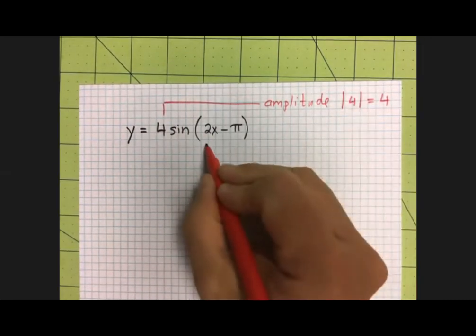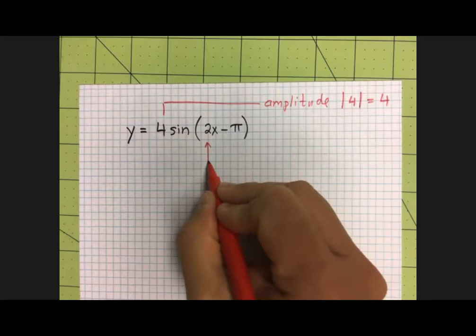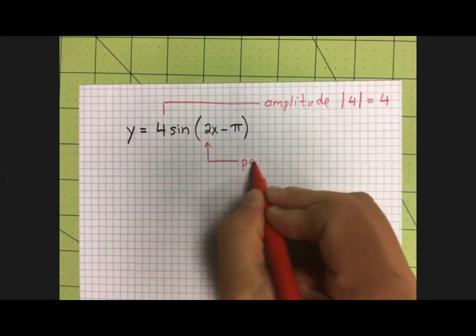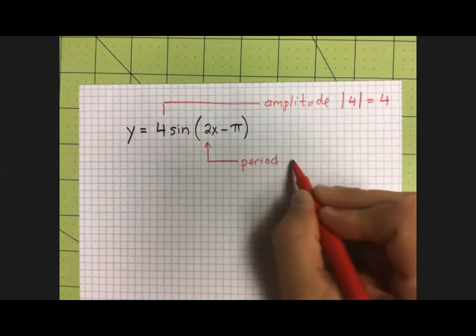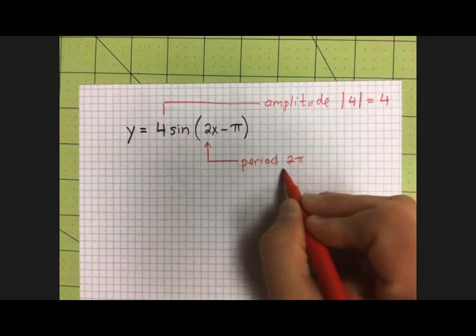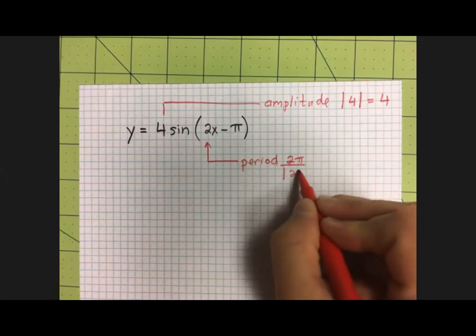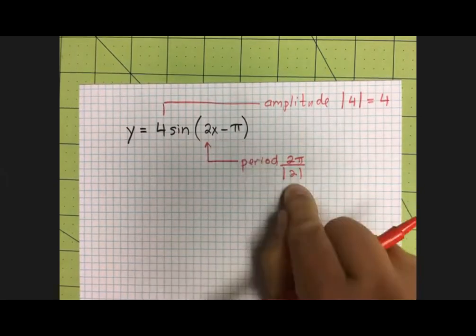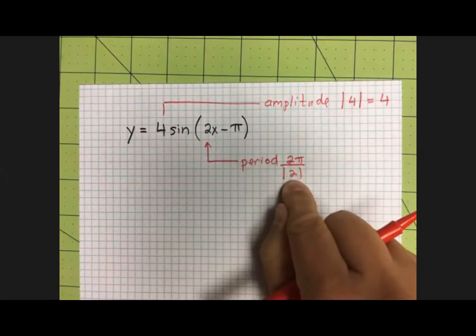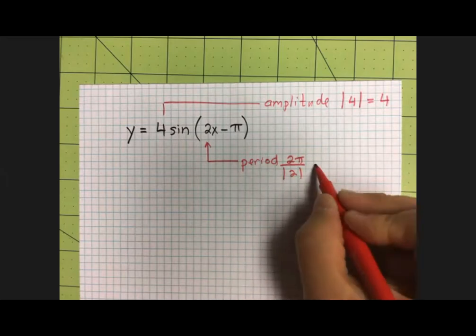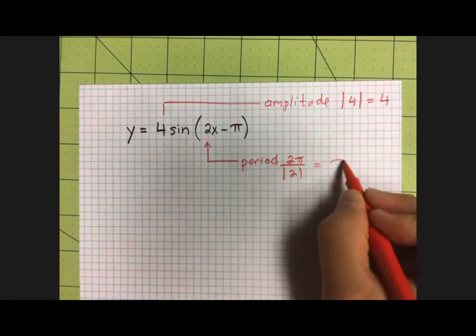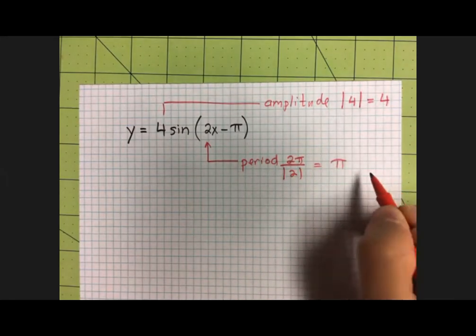You know that this number tells you the period. Take 2 pi divided by the absolute value of that number in front of the x. The period is 2 pi divided by 2, period is 1 pi. We've already drawn that.